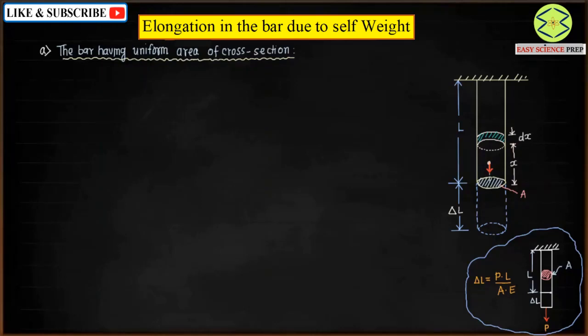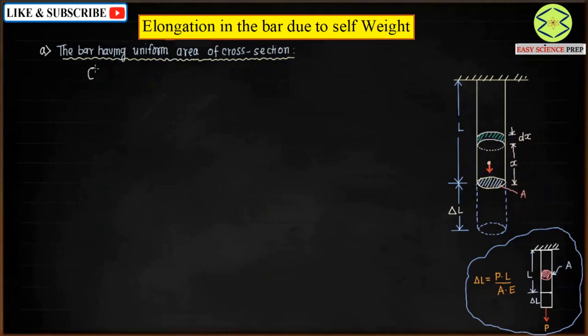Now you can see in this situation, the weight of the bar having length x is going to apply axial load on this small element having length dx. So this small element dx is getting deformed due to the weight of the x length of the bar.